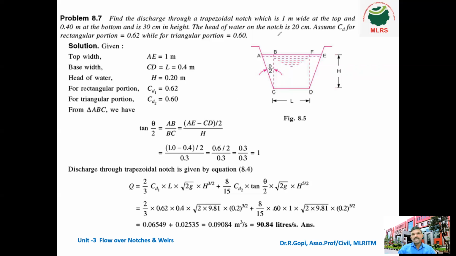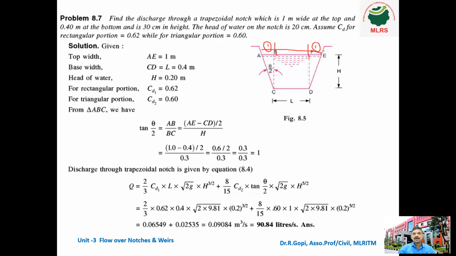How to calculate AB? AB is also not given in the question, but we can easily find it. First, the total top width is AE. We subtract the portion BF, so the sum of this length and this length is AE minus BF.